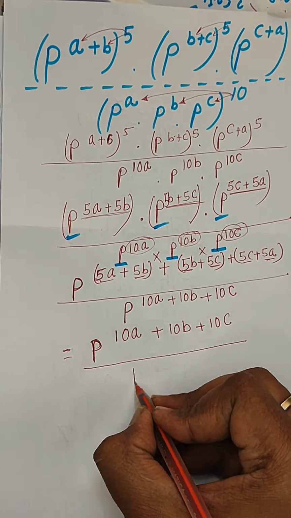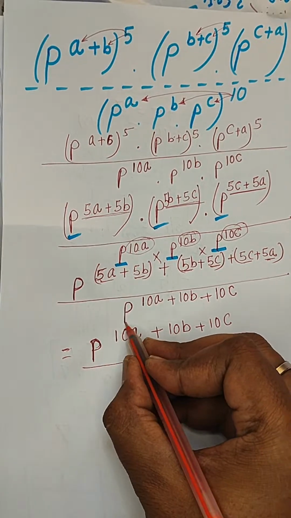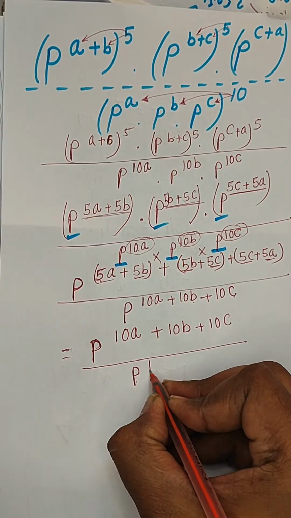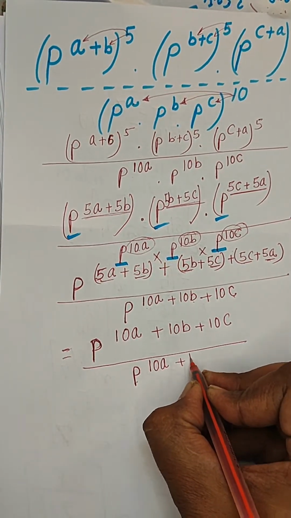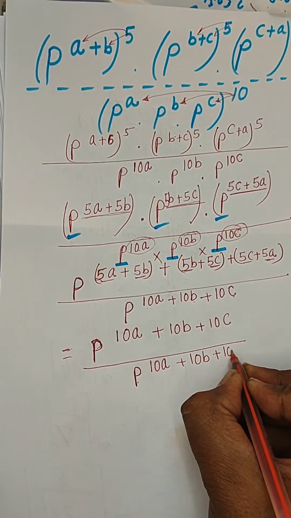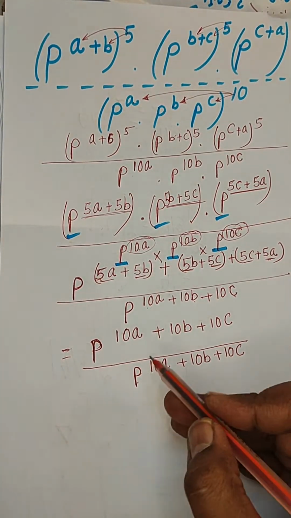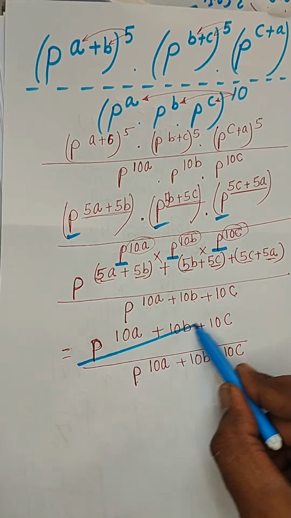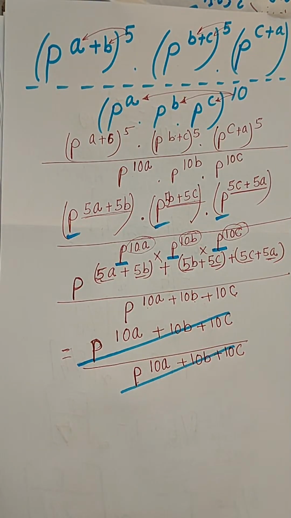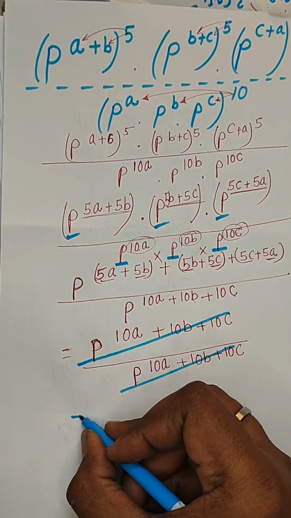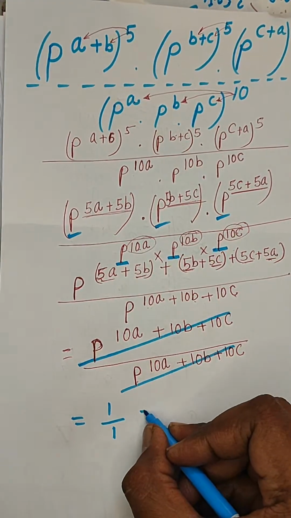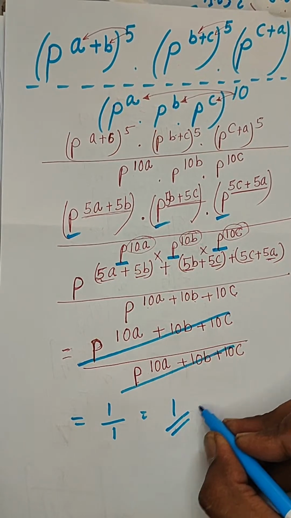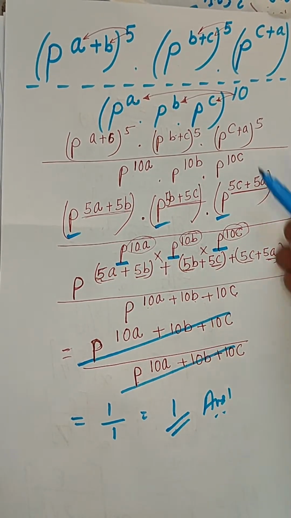Divided by, again in the denominator the base is p, we already have 10a, 10b, 10c here, so just write 10a plus 10b plus 10c. Aren't the numerator and denominator the same? Same. So just cancel it. What you will have is 1 divided by 1, which is finally 1. So my dear friends, 1 is the answer for this question.